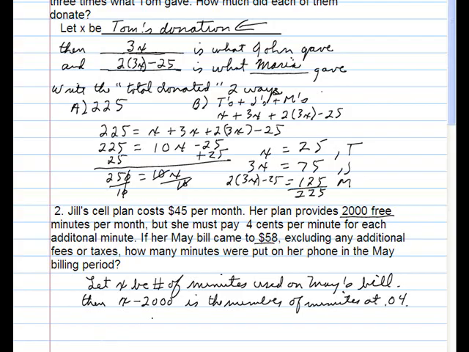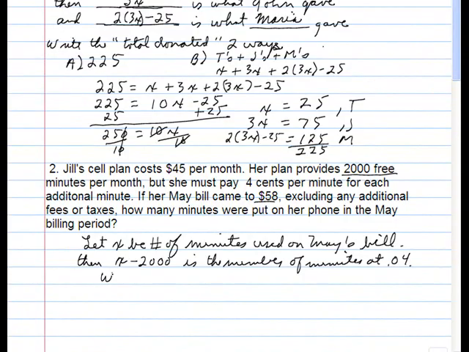So I could write the total bill two ways. And the first way, the easy way, would be $58. So how else would you get the total bill?